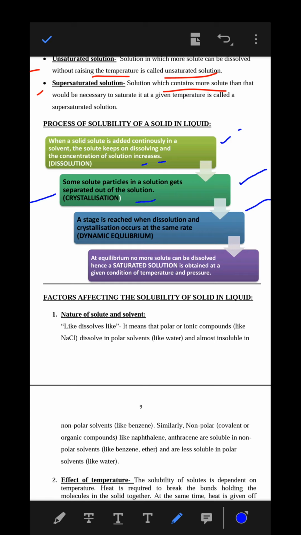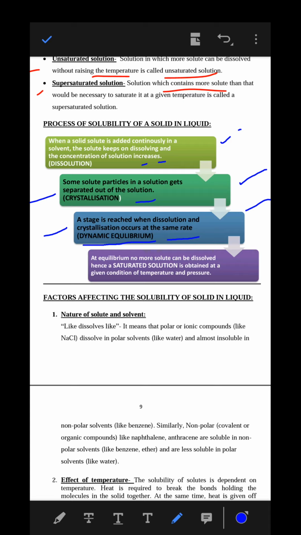After some time, a stage is reached when the dissolution and crystallization processes occur at the same rate. At this stage, the number of solute particles going into the solution is equal to the number of solute particles separating out, and we say that a stage of dynamic equilibrium is achieved.